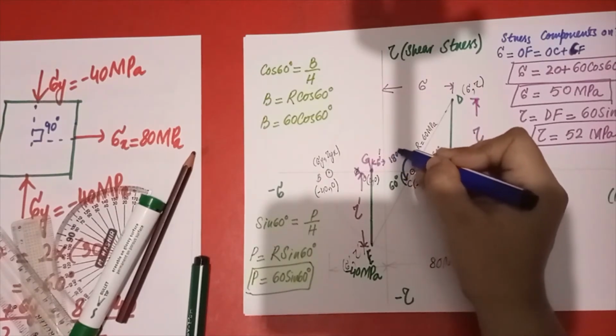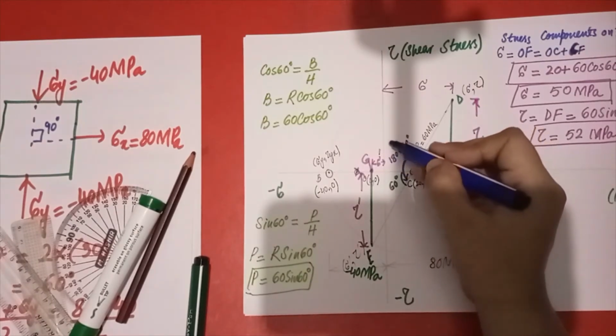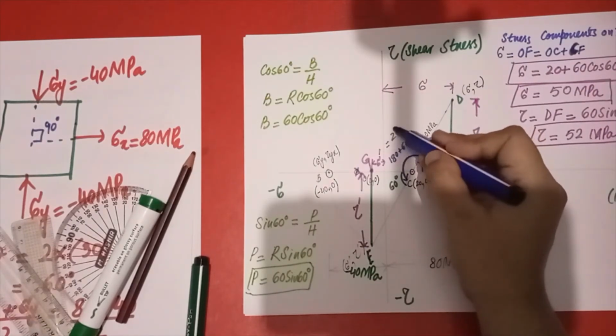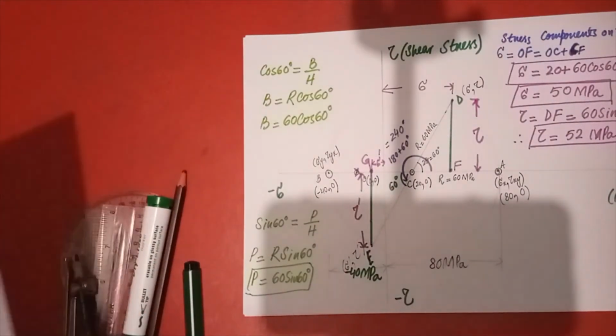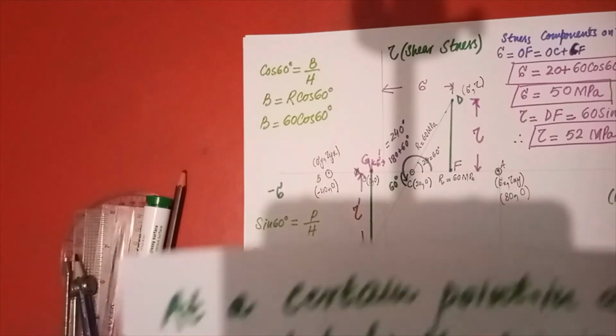So what does it mean, 180 degree plus 60 degree becomes how much? 240 degree.